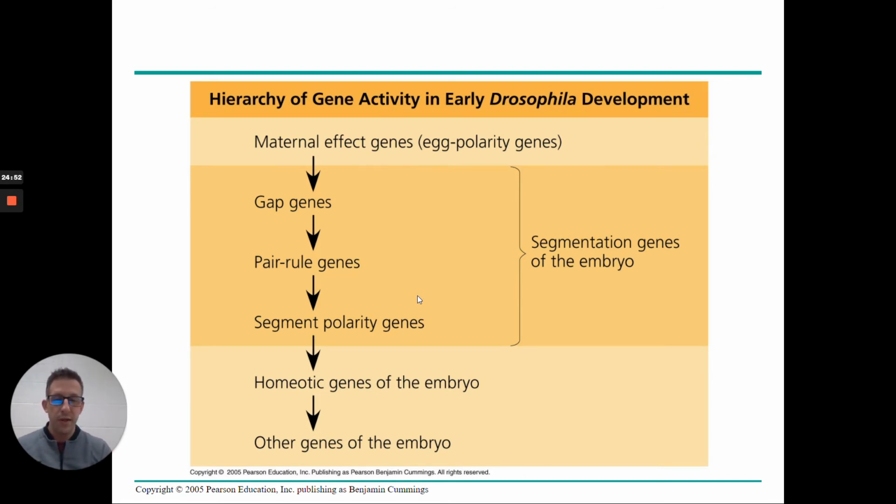And the segment polarity genes, so even within the segments, you got a segment here, you want to make sure that you know that this segment is closer to the head and this segment's closer to the butt. So there are certain sets of genes that will also allow for polarity to be identified even within each identifiable segment of the animal. So it makes sense.